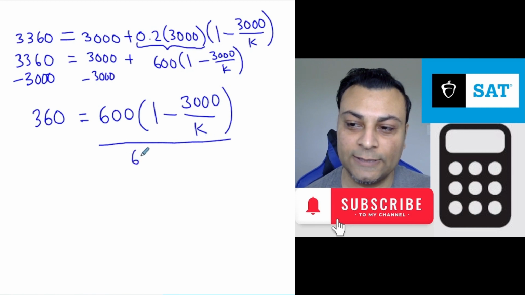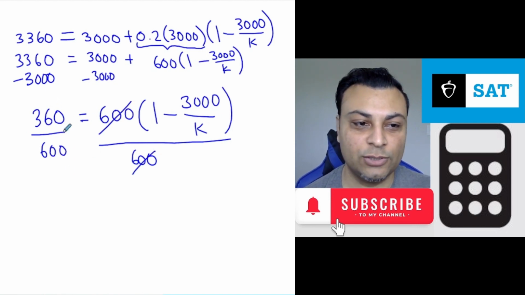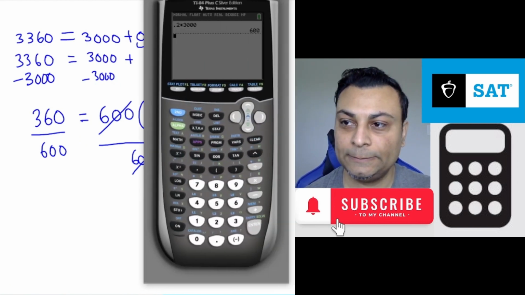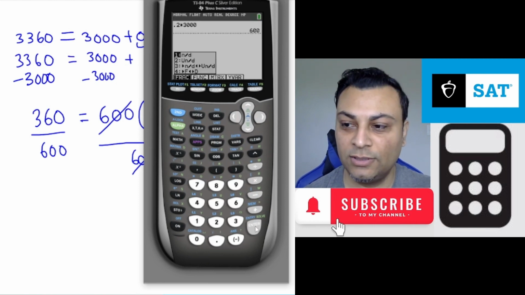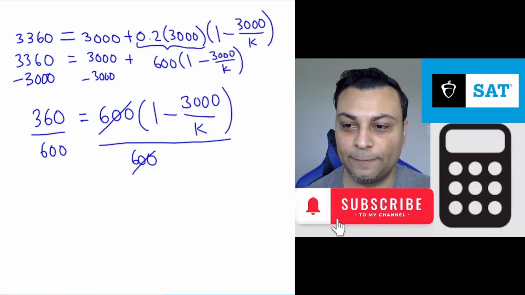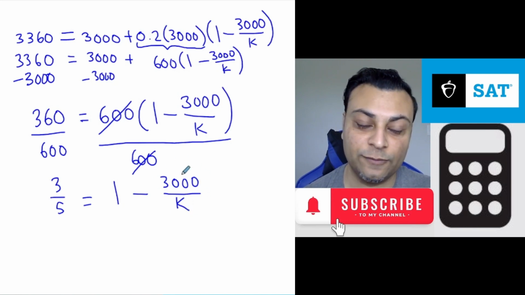Let's divide by 600. 360 over 600, let's work with a reduced fraction for that. 360 over 600 is 3/5. Okay. So we have 3/5 equals 1 minus 3,000 over K. If you can see quickly that this is 2/5, then you can work with that.